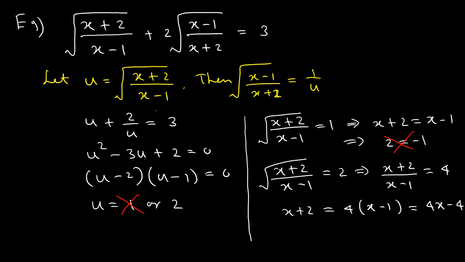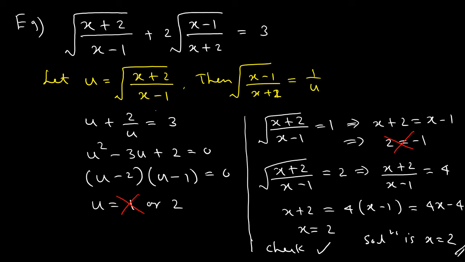So this says that 3x equals 6, so x equals 2. And we can check, and you can see it works. When you plug in x equals 2, it works. So the solution is x equals 2 only. Good.